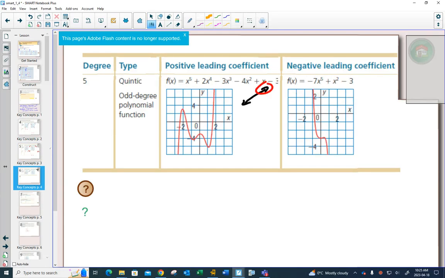So my end behavior should be up here and down here. Sure enough, that's where those arrows are. And with a negative x to the 5 graph, end behavior should be here and here, and sure enough, that's where those arrows are. This is going to be one step to help us graph things.